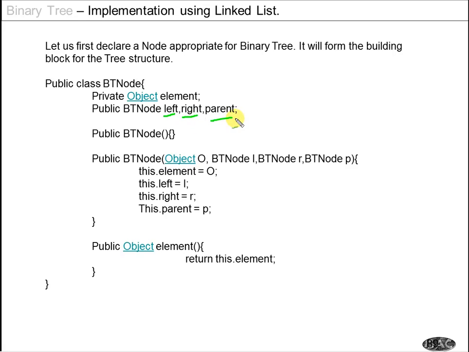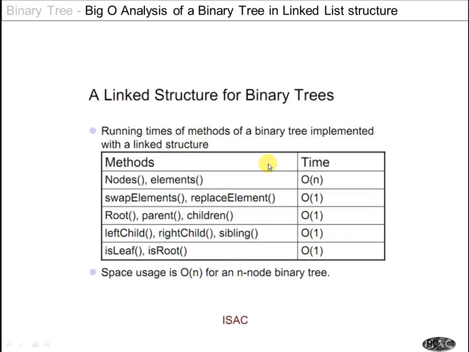So, these 3 nodes are there, and there is a main element object. If you are going to implement your binary tree using a linked structure, then these are the orders of the algorithms for the linked list.